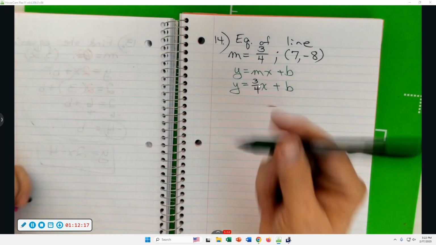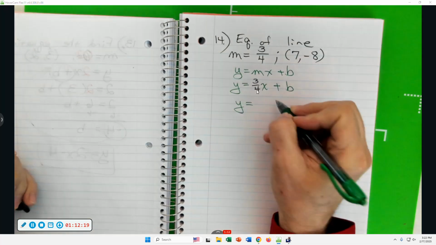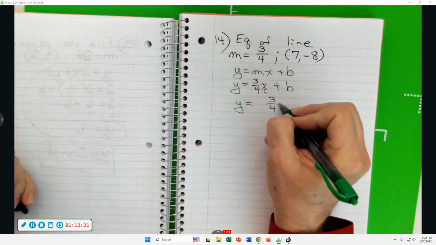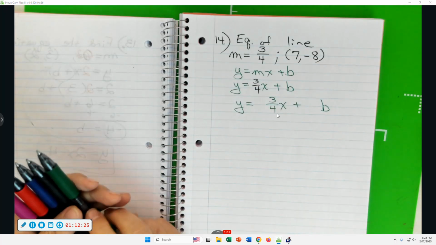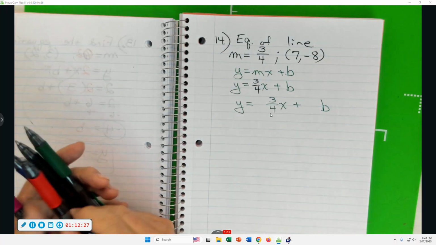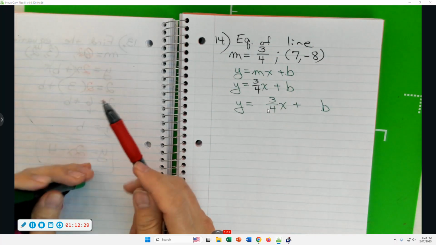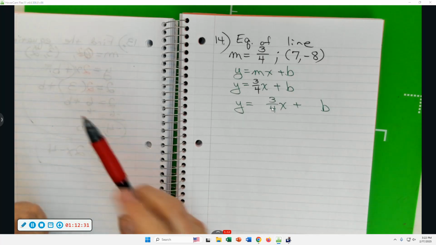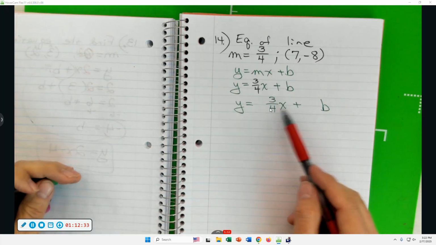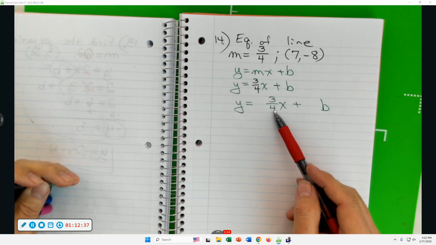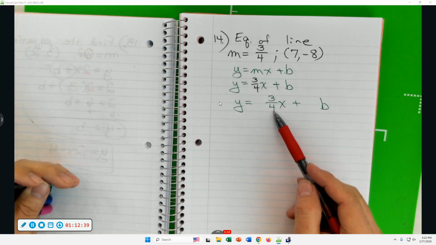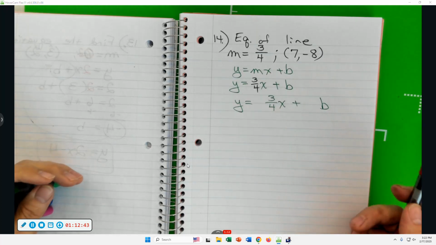We have y equals 3/4 x, and I'm going to spread it out the way we would do. What am I going to multiply by that'll get this 4 to cancel? If there's only one denominator, that number has to be the least common denominator. So we're going to have to multiply by 4. How many times do I have to multiply by 4?